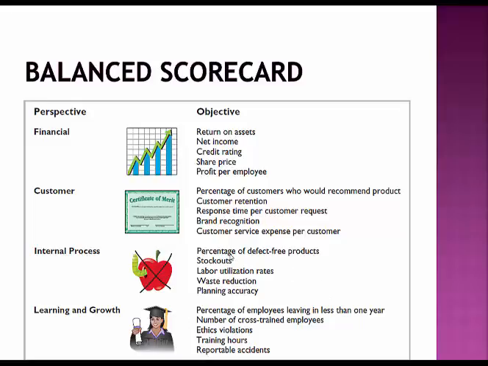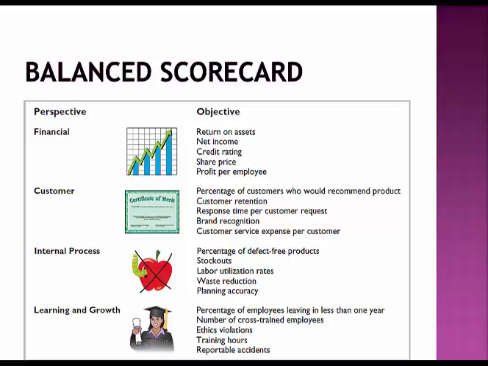We are shooting for less rework, less defective components, less defective products that we are putting out, because we know those cost us money in rework, in customer complaints, those types of things.